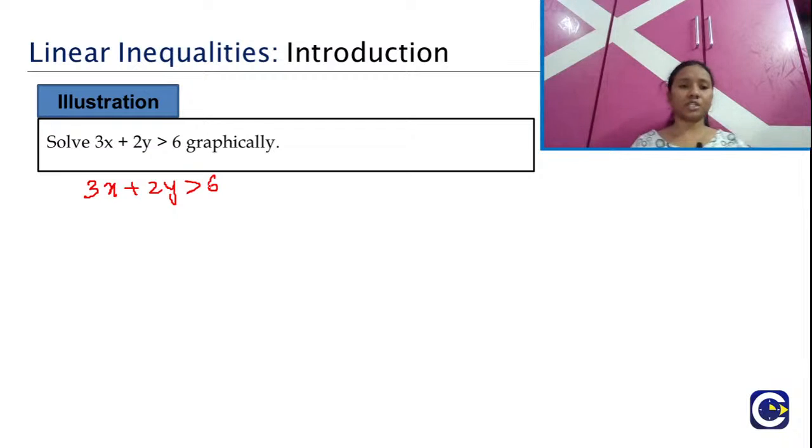You can take two points, that will be okay to locate the graph.